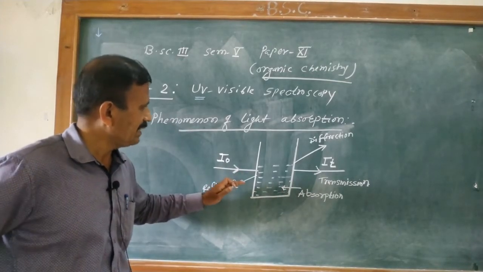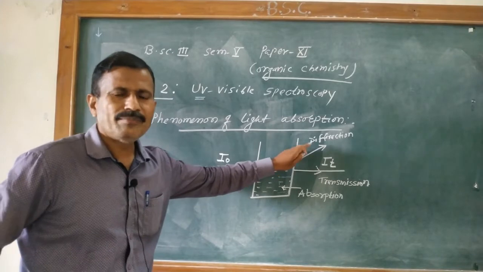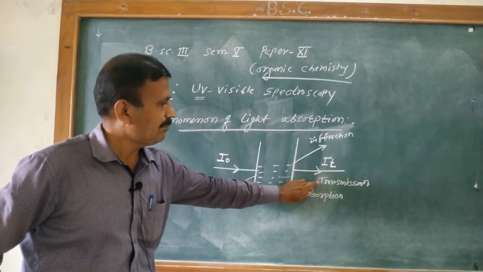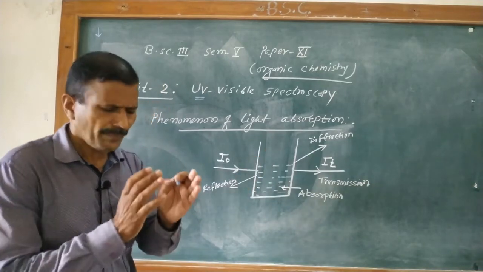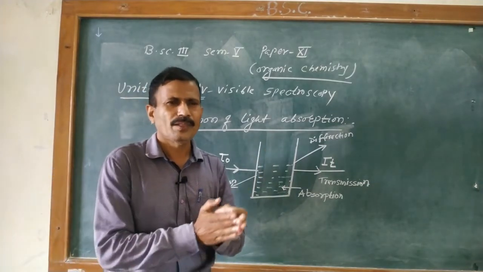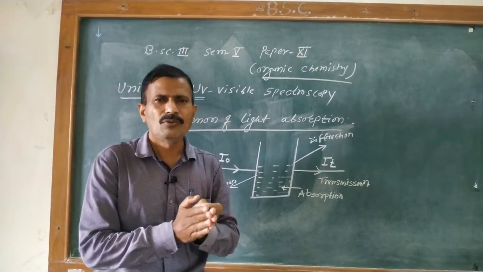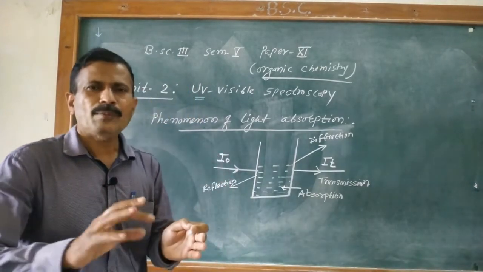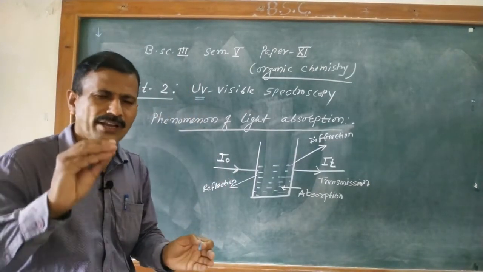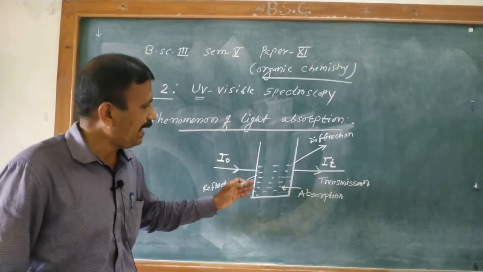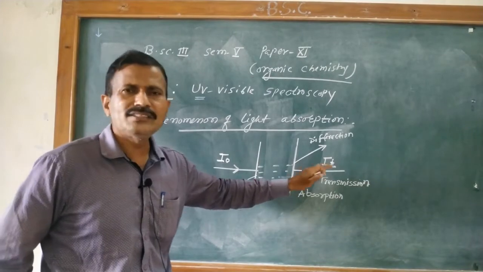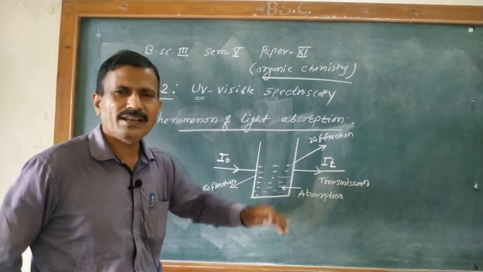Light is either reflected, diffracted, transmitted, or absorbed. In this context, UV visible spectroscopy may be called absorption spectroscopy, when a molecule absorbs some UV visible light and transmits the remaining light.